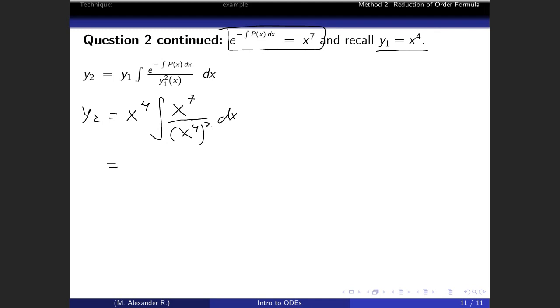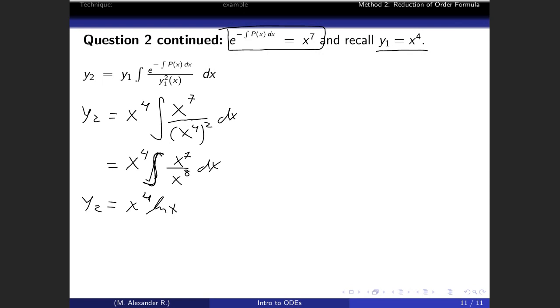But here we cannot do anything with the x to the 4. And so let's simplify the integral. The integral inside becomes x to the 7 divided by x to the 8 dx. That is the same thing as 1 over x. And so that becomes ln of x after you integrate. All right, so that is the y2 function.